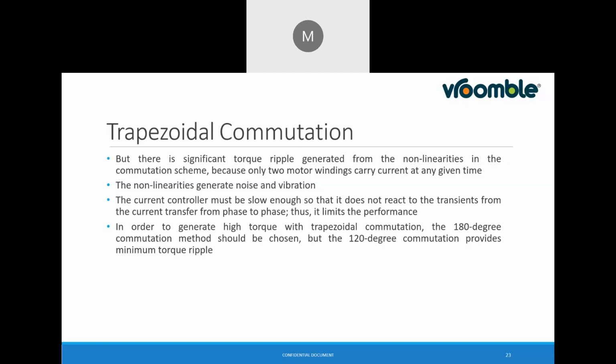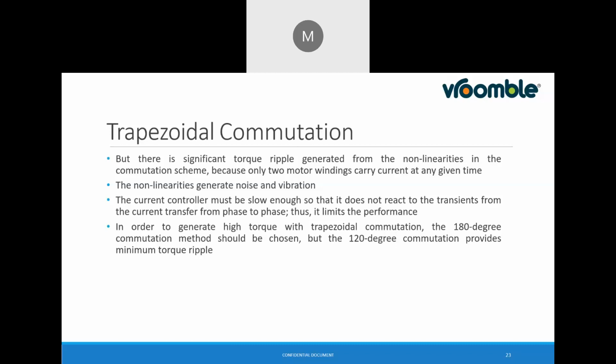Now, in order to generate a high torque with trapezoidal commutation, the 180-degree commutation method should be chosen, but the 120-degree commutation provides minimum torque ripples. Now, why? Because at 180 degrees, the position directly changes from north to south, right? Which generates a very high repulsion. And that is where the 120-degree commutation is chosen.